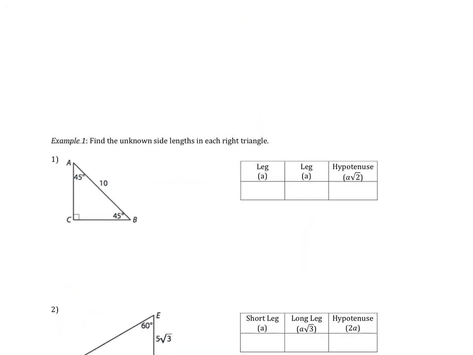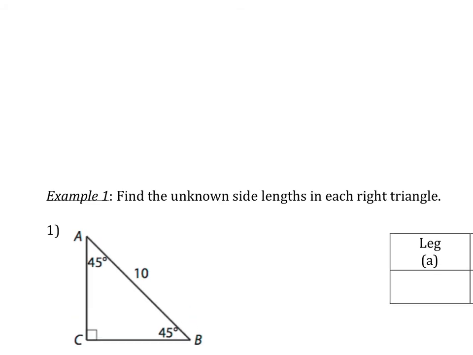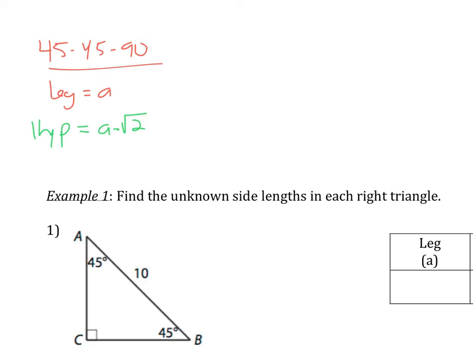So on the back, the second page, a reminder for the 45, 45, 90 triangle: your leg is A, and your hypotenuse is A times the square root of 2.